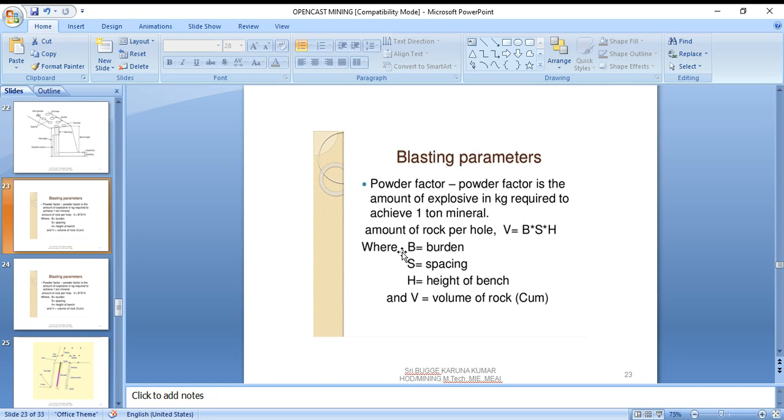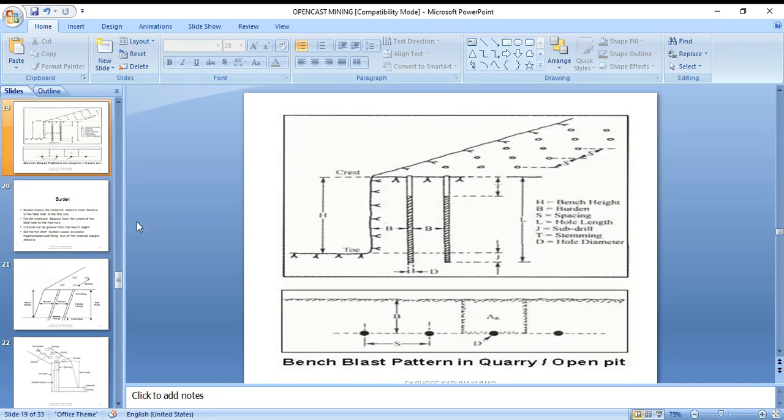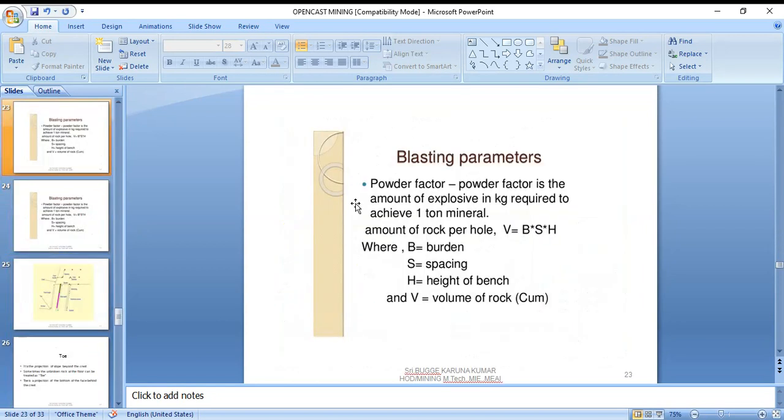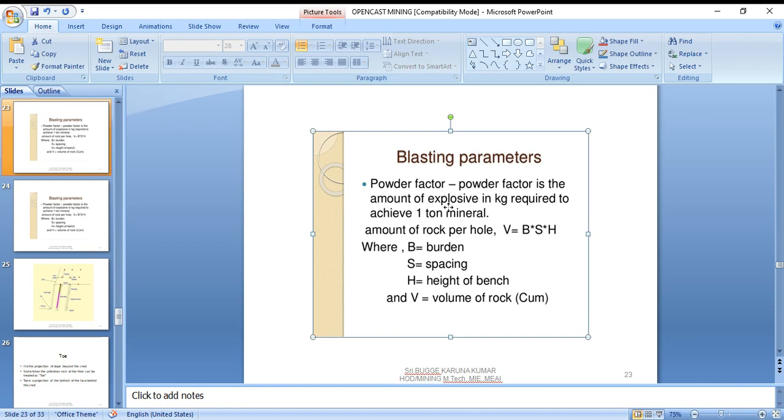Whatever it may be, the powder factor is the explosive required to yield how much material, whether metal or OB. It may be OB also. So how much rock do you get per one kg of explosive, or per one ton of mineral?